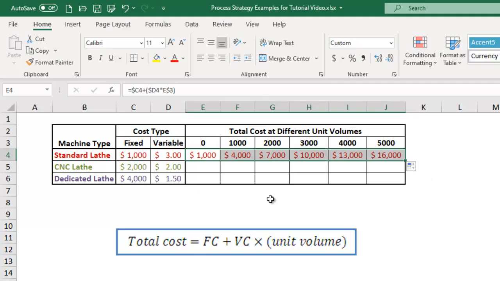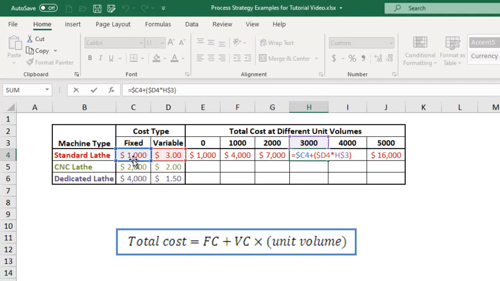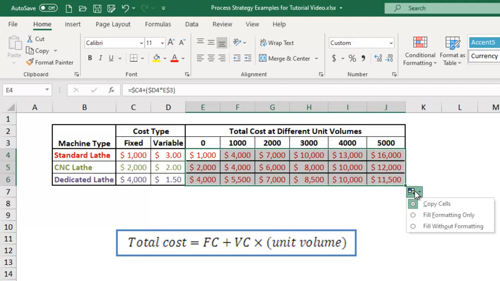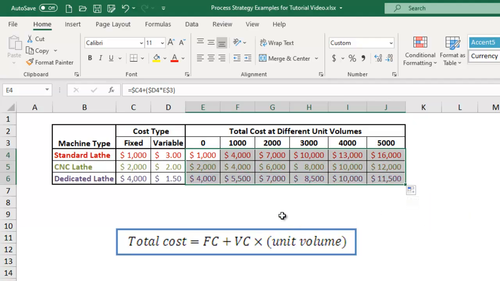And so we can see that if I click on any one of these cells, it retained the reference to the fixed cost in column C and the variable cost in column D, and of course we did not copy down to rows 5 and 6, so it still retained the row reference to row 3 in the volume. So now that I have those formulas written and copied, I can copy it down through the rest of the table, and there we have it.